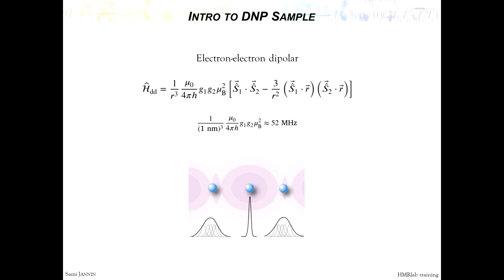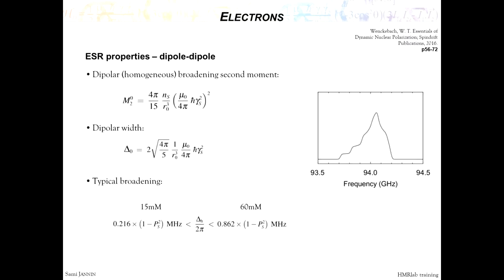So if you have a narrow line like that, and you bring some electrons nearby, and you put that in a glass at high concentration, you will broaden the line. So the line gets broadened by all these dipolar interactions. So in reality, the lines that we have look more like this. You see, before we had all the nice features that would appear, and now we have an even more potato-like shape.